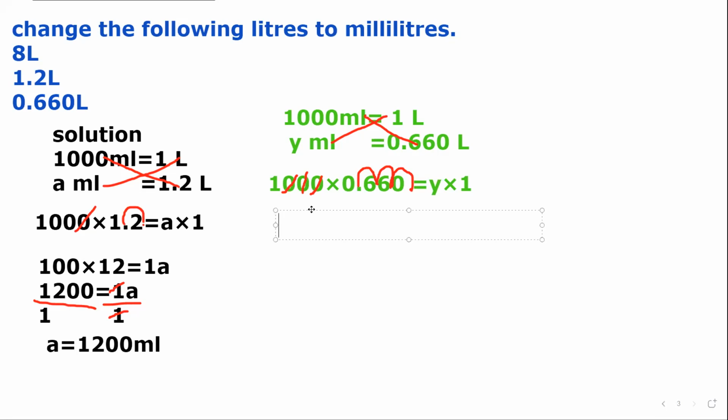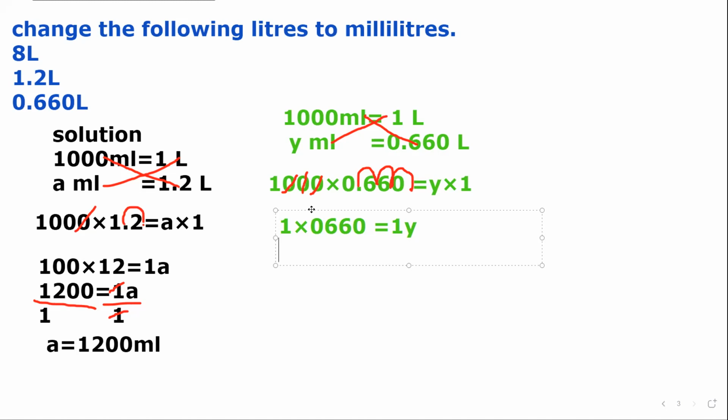You have the 1 left over there, multiplying 0.660, which is equal to 1y. And any number that begins with a zero without the point is the same as that.